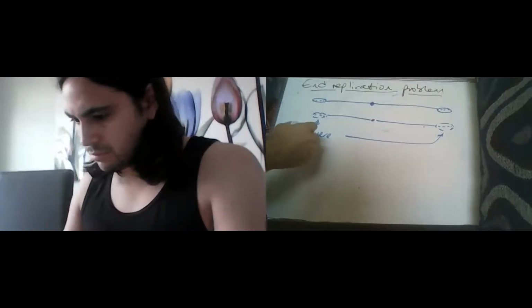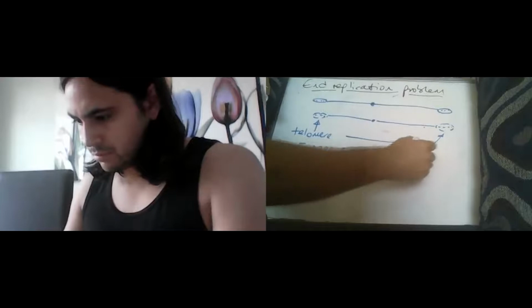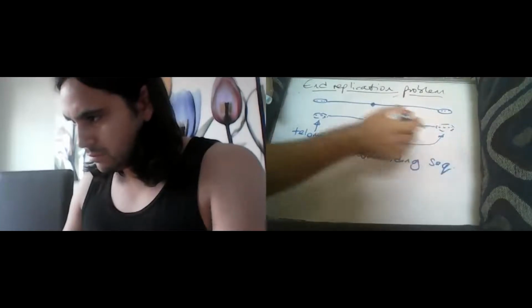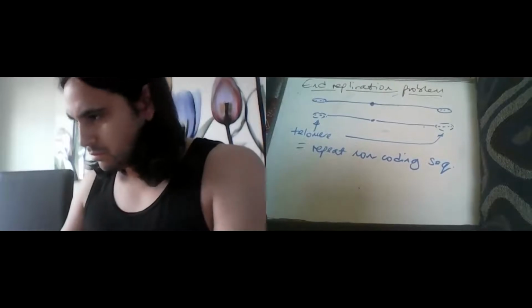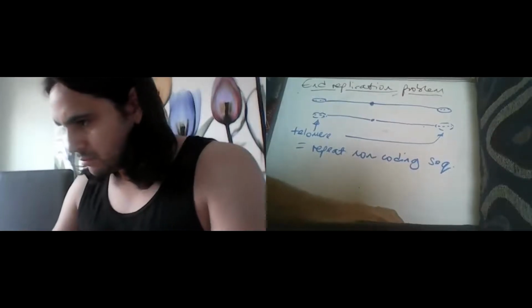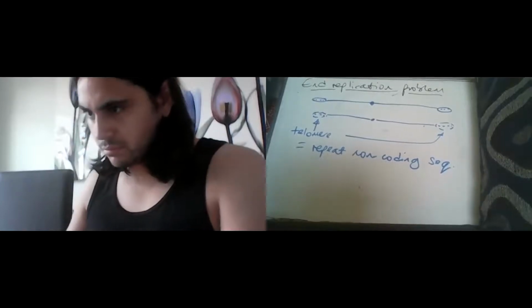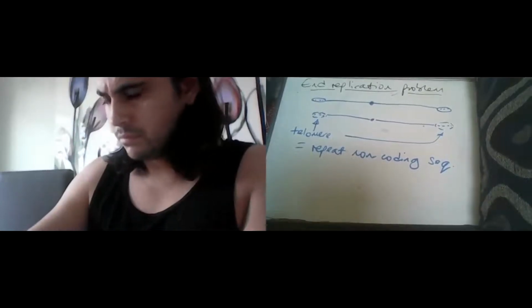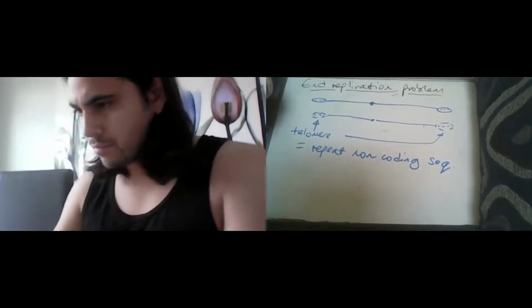And these are repeat non-coding sequences. So essentially at the end of all of your chromosomes, you have buffers, right? Their job is to absorb the chromosome shortening that happens via the end replication problem.